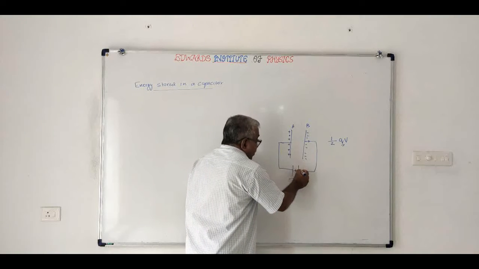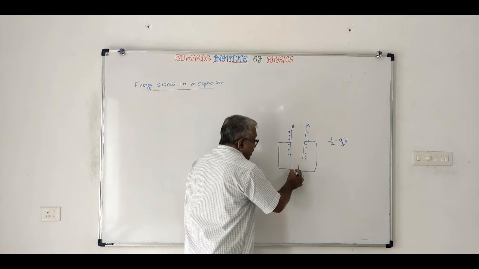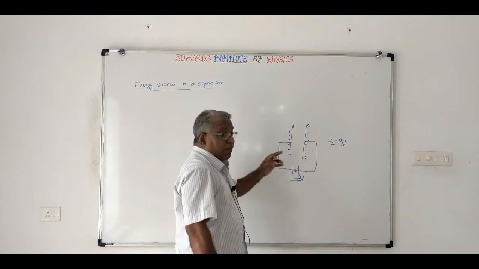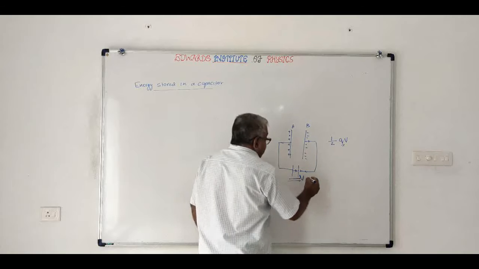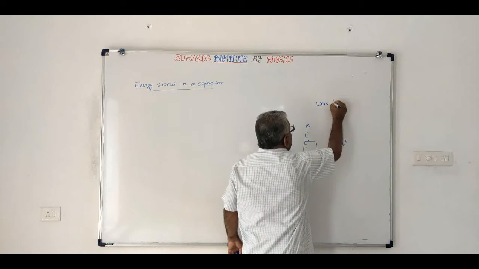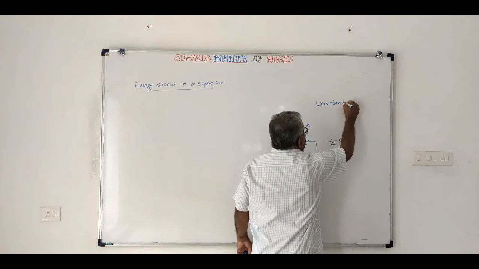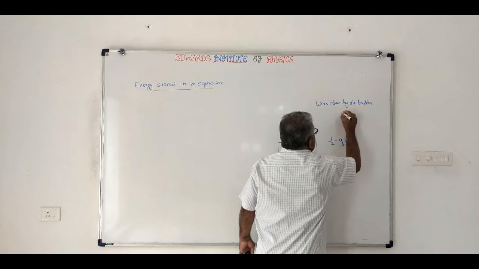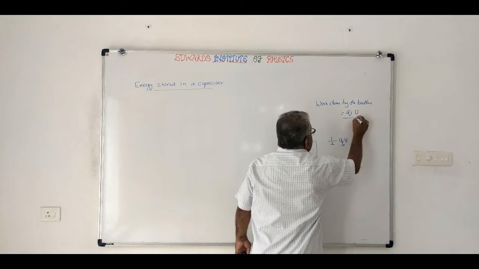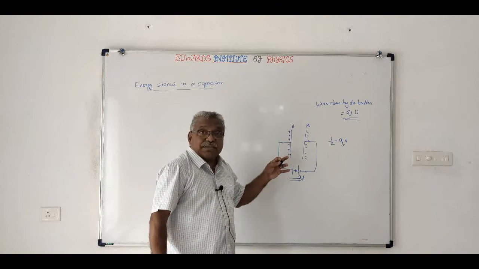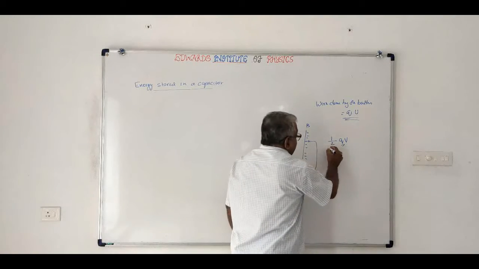So in bringing one unit positive charge from here to here, the battery has done a work of V. For Q charges, how much work will be done? Work done by the battery will be Q into V.